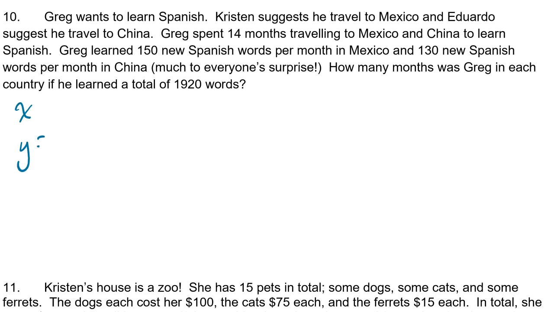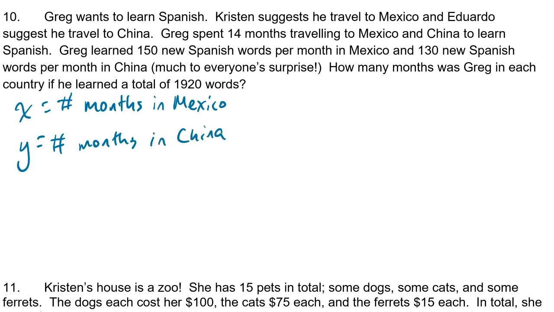All right, so X and Y. Our X is going to be the number of months in Mexico, y is going to be the number of months in China.